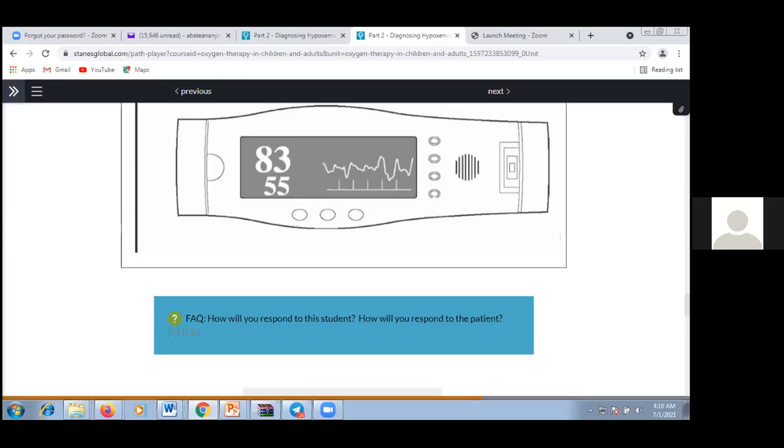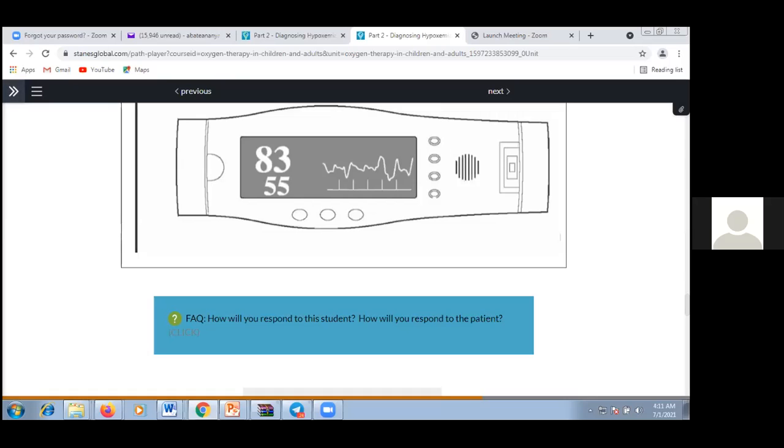And always we have to factor in those things that most of the audience mentioned. Like if your patient is shivering, if he's moving his hands, for example, if the probe is not correctly placed, or if the light is not passing through the body part attached to it, whether it's the ear or the fingers. We also have to make sure that there is adequate perfusion in order for the pulse ox to have an accurate reading.